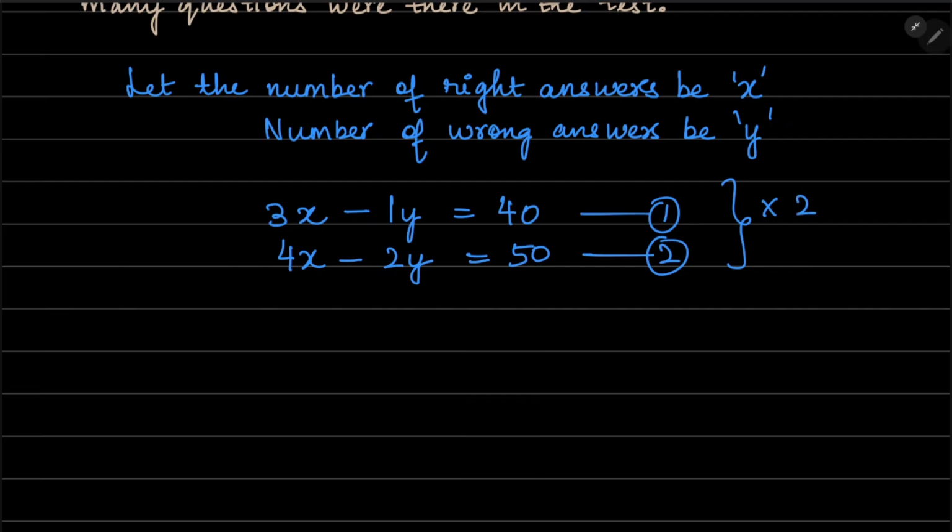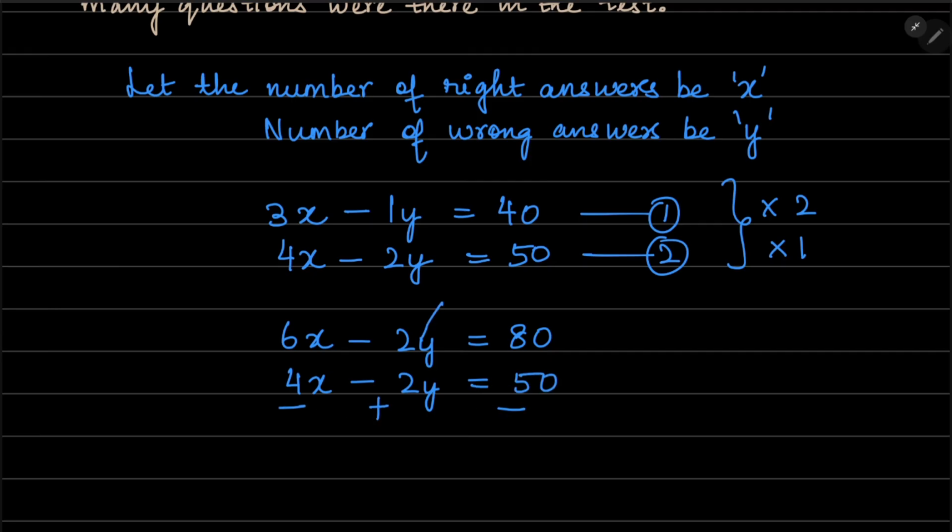I'll multiply equation 1 by 2. So what do you get here? 3 2s are 6x. So here the second equation, multiplying it by 1. Okay, 6x minus 2y equal to 80. And then 4x minus 2y equal to 50. Change the sign, right? Minus 2y plus 2y would get cancelled.